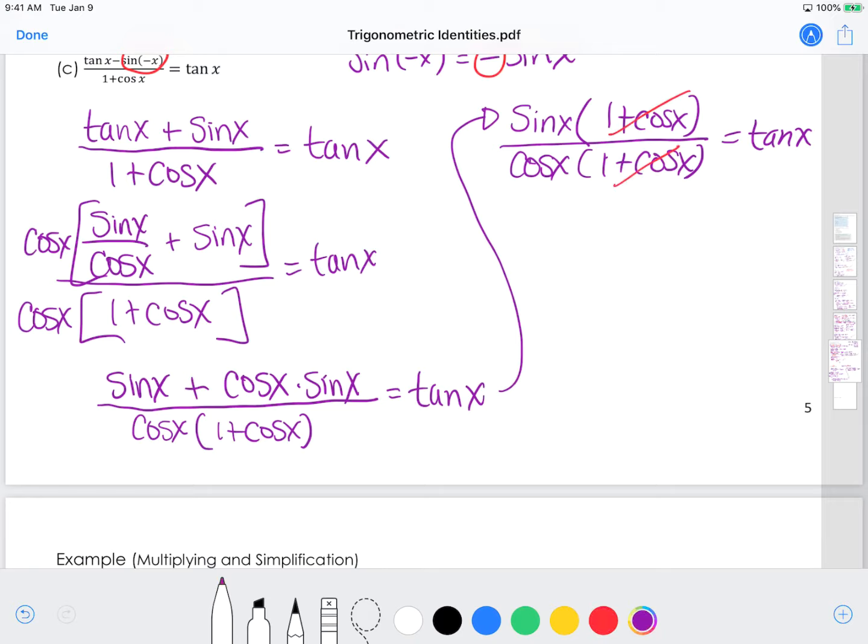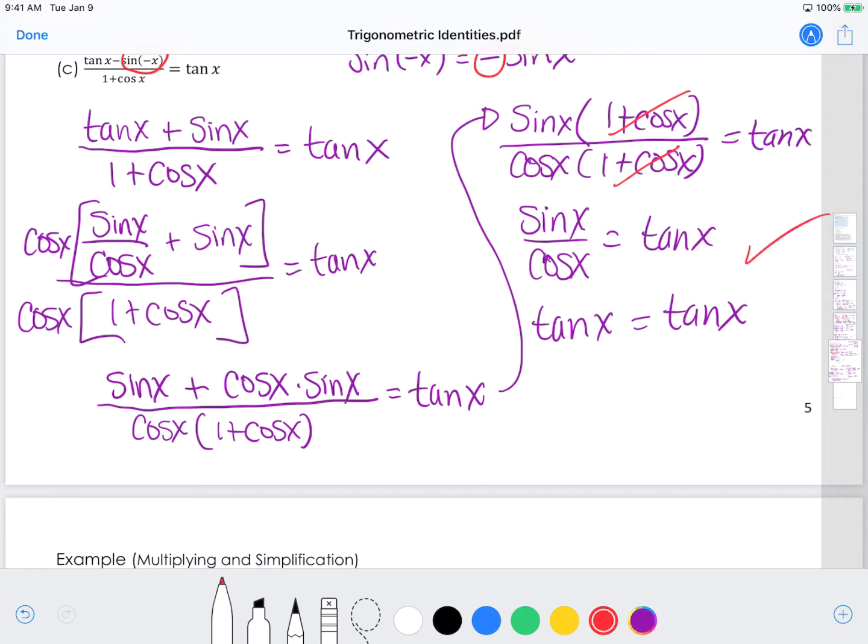Those factors are the same, so those divide out to be 1. And I'm left with sine x over cosine x. And as you know, sine x over cosine x is tangent x, so we just showed that the left-hand side is equal to the right-hand side, and we are done with that one.